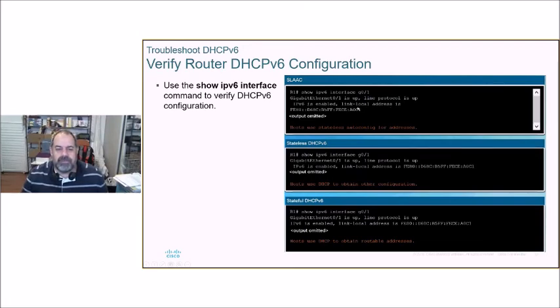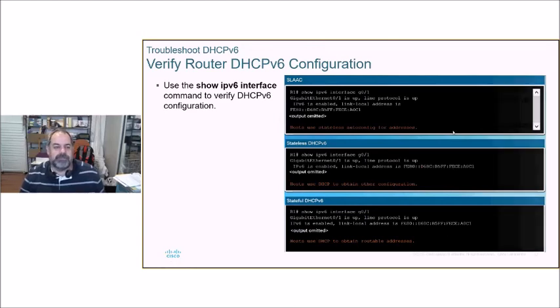IPv6 is enabled, and that's it. With stateless, and then with stateful it will again look like this. And so you can see the line: hosts use stateless autoconfiguration for addresses. Hosts use DHCP to obtain other configuration. And here it says hosts use DHCP to obtain routable addresses.